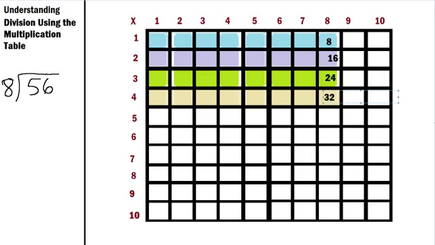I have to keep going till I get to 56. So if I have another group of 8, then I have 40 things. I want to get 56. I'm splitting up 56 into groups of 8.